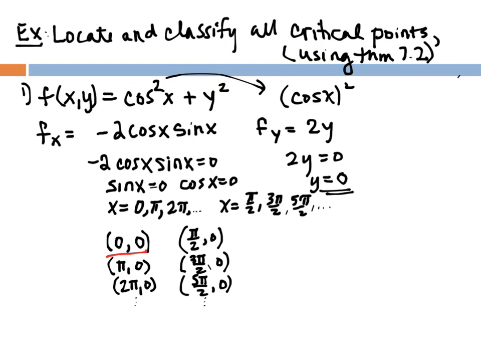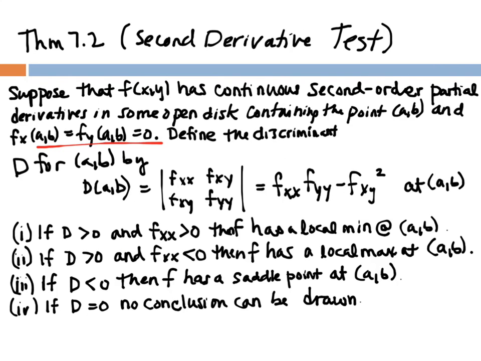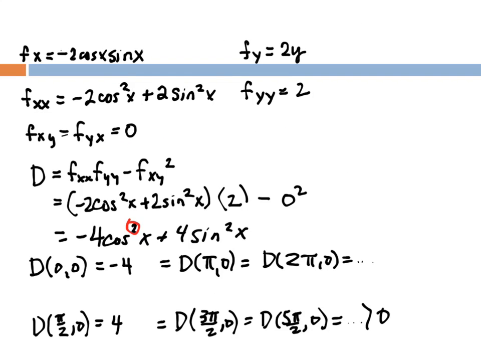And the way that I decide which one it is, I take a look at the second partial with respect to x. So the second partial with respect to x is up here. And if I plug in x equals pi halves or 3 pi halves or 5 pi halves into there, the question I need answered is: is it positive or is it negative?